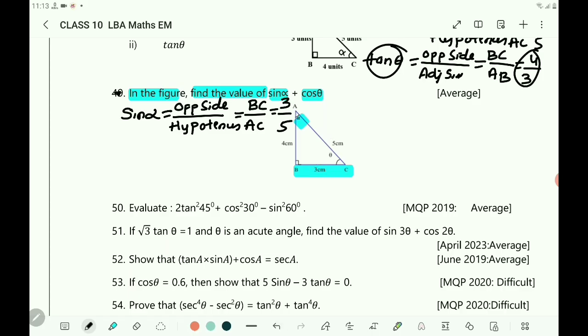Next cos theta. Cos theta is equal to adjacent side by hypotenuse. Which is the adjacent side for theta?